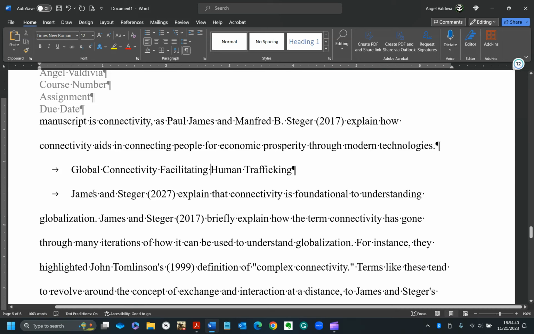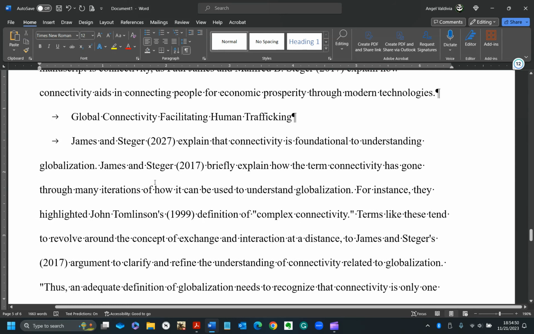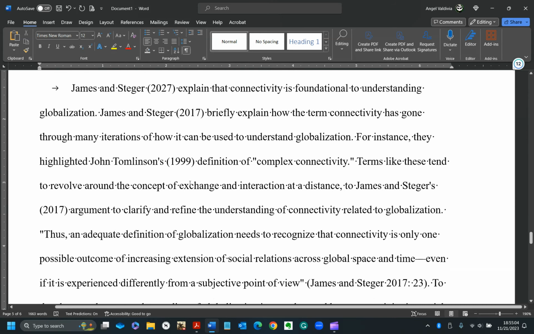Okay, so this is how I went about writing this particular part of the essay. James and Steger explained that connectivity is foundational to understanding globalization. They briefly explain how the term connectivity has gone through many iterations of how it can be used to understand globalization. For instance, they highlighted John Tomlinson's 1999 definition of complex connectivity.